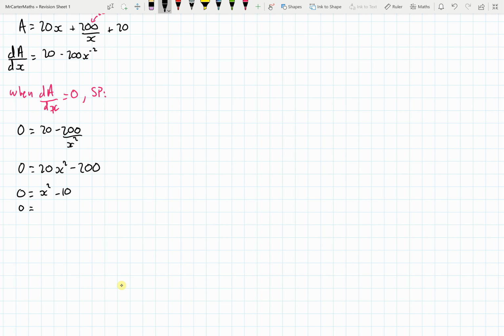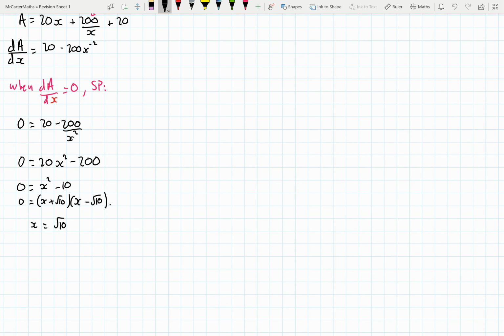And factorising gives me x plus root 10 or x minus root 10, which leads me to x equals root 10. I can ignore x being negative because we're looking at side lengths. So at this point, I've found the value of x for which it's a stationary point, which is root 10.